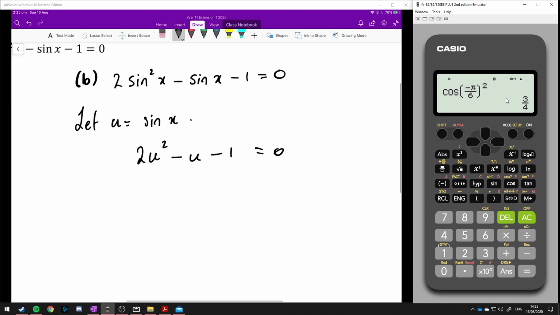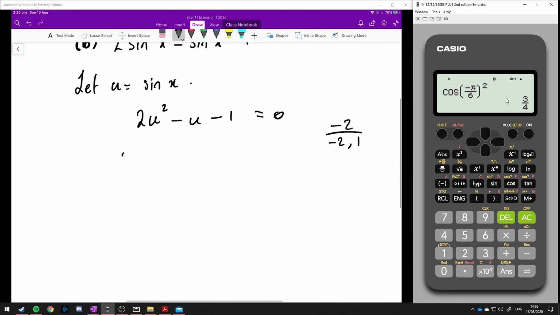So in this case, 2u squared minus u minus 1. I'm thinking of two numbers that multiply to give negative 2 and add to give negative 1. So minus 2 and 1 are the two that I'm looking for. So I can rewrite this as 2u squared minus 2u plus u minus 1 is equal to 0.